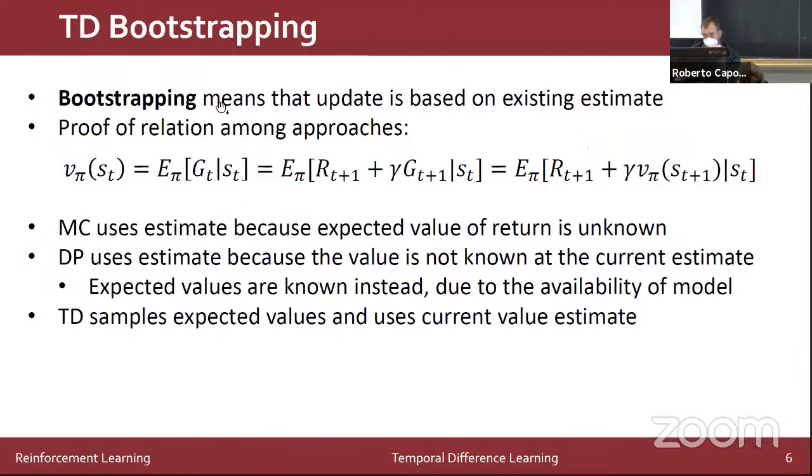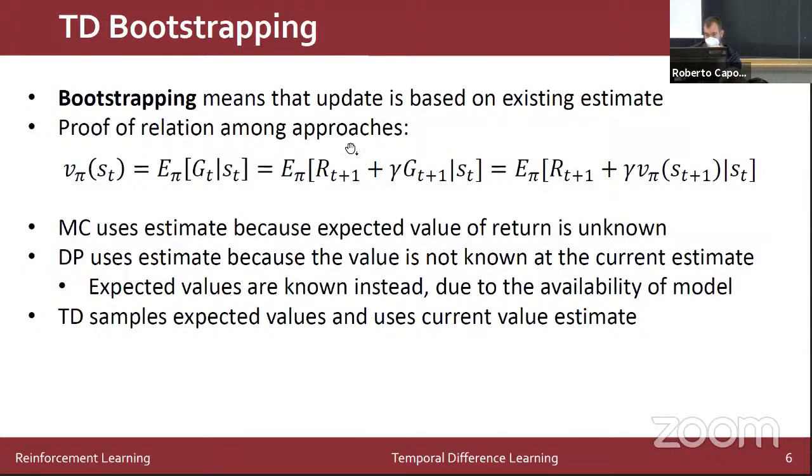Bootstrapping means that the update is based on an existing estimate, which is basically what I already said. The relation between the Monte Carlo approach and the temporal difference approach follows from the fact that the value function is the expectation of the return given a certain state, which is the expectation of the reward plus gamma multiplying the next return.